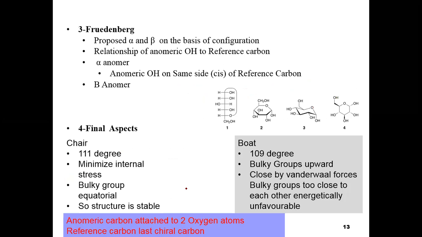Freudenberg proposed alpha and beta on the basis of the configuration of the relation of the anomeric hydroxyl group to the reference carbon.